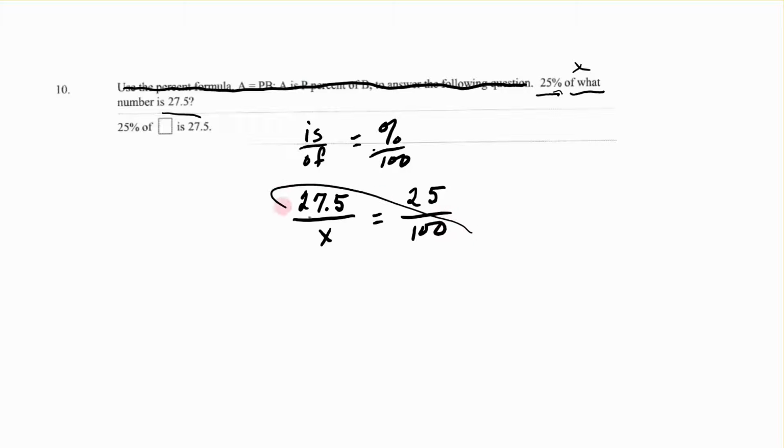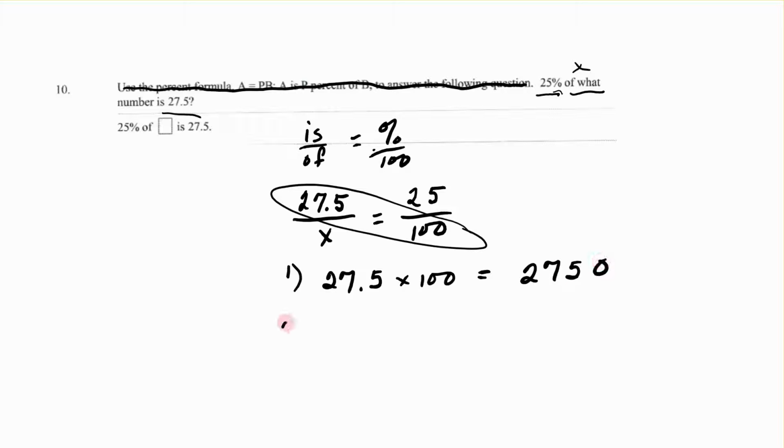All right, you do the cross product where you have two numbers. So I have 27.5 times 100 is 2750. Step 2, 2750 divided by 25.